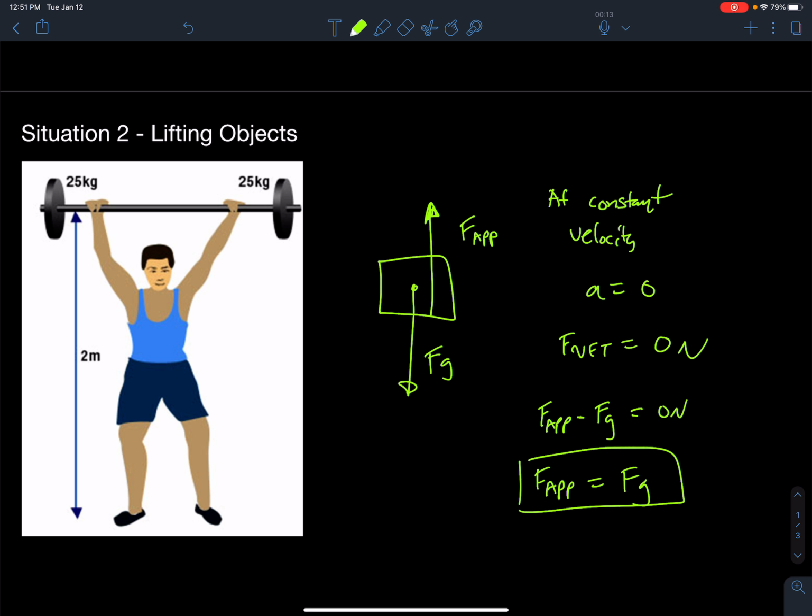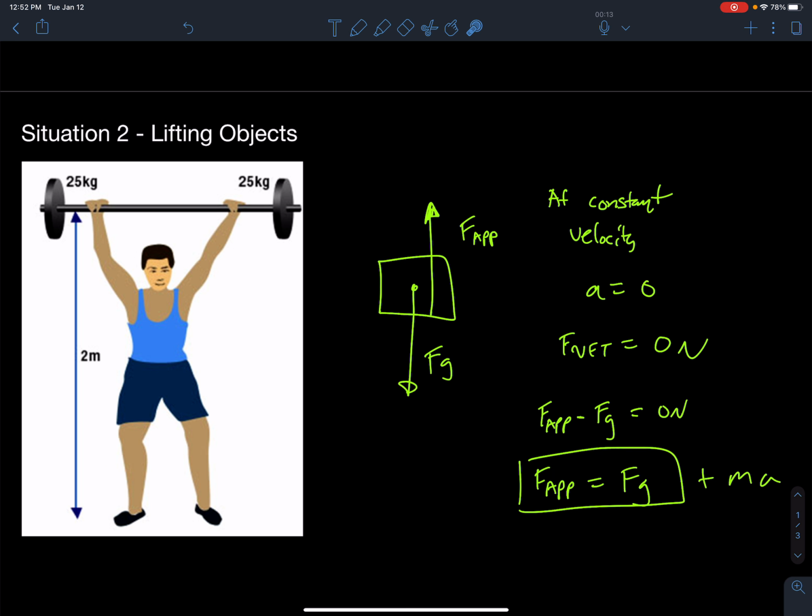That's important because we need to figure out how much force this weightlifter is going to apply to lift that mass. If he lifts it at a very constant speed, that would be the force that he's applying. If he's accelerating, like powerlifting, and he's launching it up there, then he's going to be applying the force of gravity plus ma, the acceleration that he would apply to actually accelerate that.